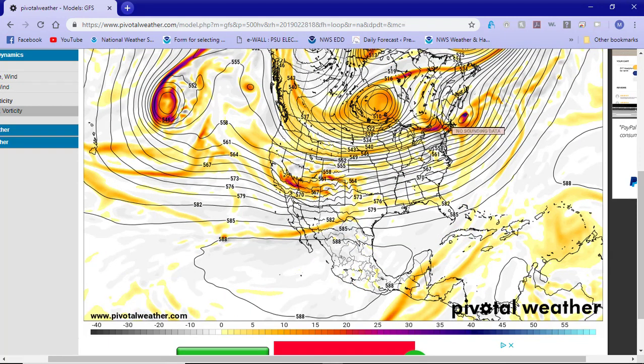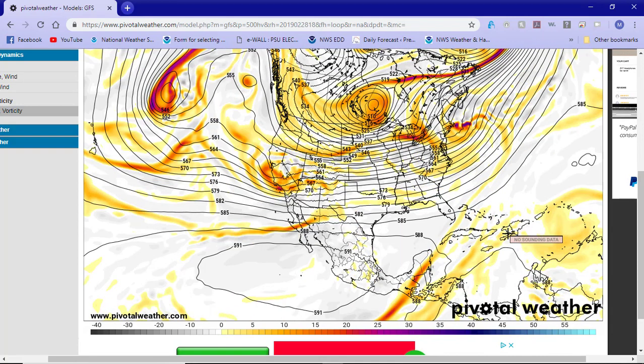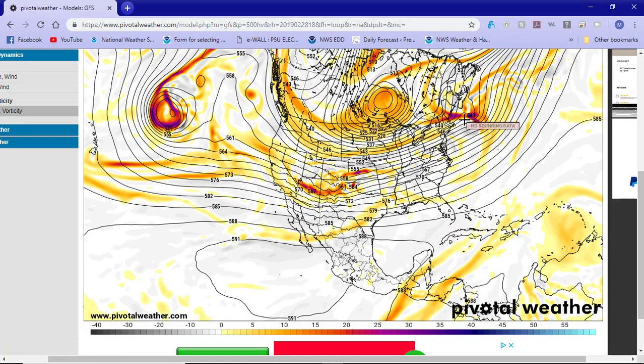After that, okay, here's that piece of energy that moves on through, right? But I don't think this is necessarily going to be anything because look, see how two waves of energy, this one back by the Great Lakes and this one that we've been talking about for the last couple minutes, as the one that's closest to us moves just south of New England and goes up into the Canadian Maritimes, these two almost join up, okay?